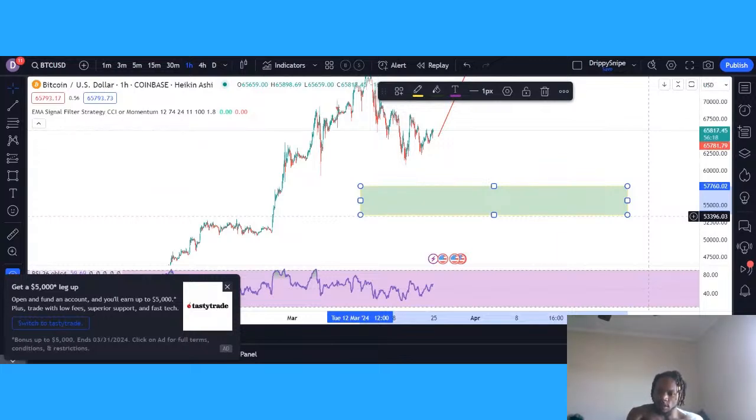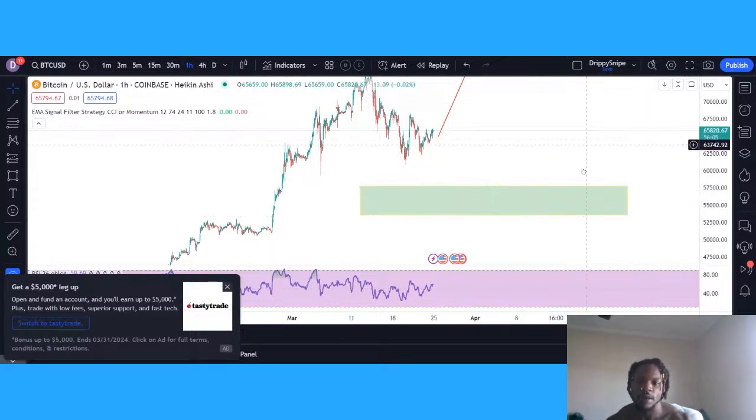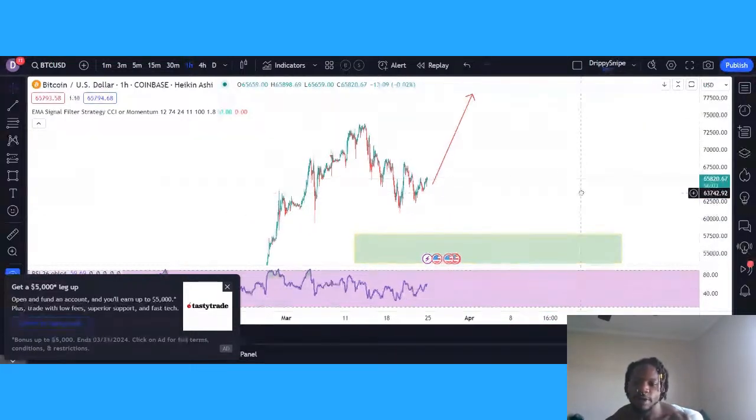I don't think she should even touch there right now, but it's 100% possible she could go straight there this week. But I think her next push is going to be higher, at least for the short term right now.